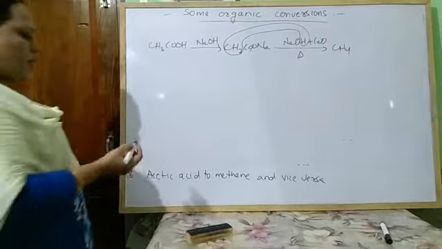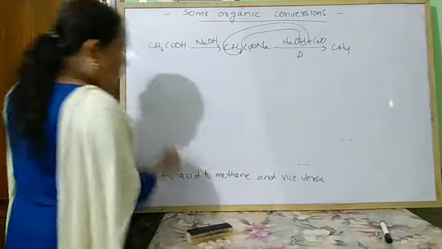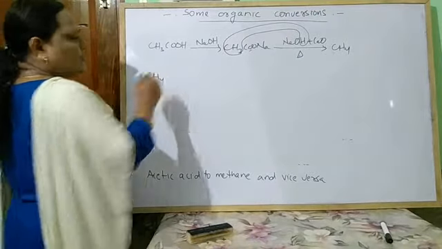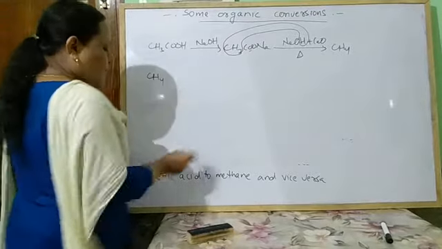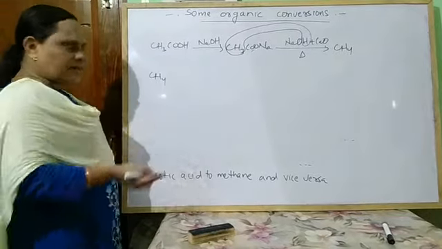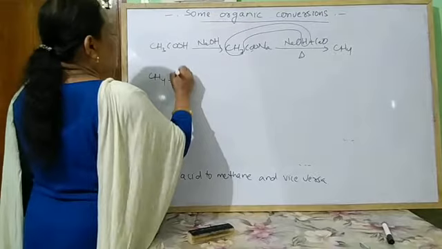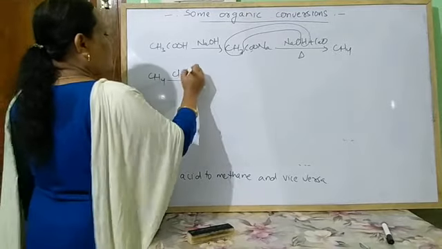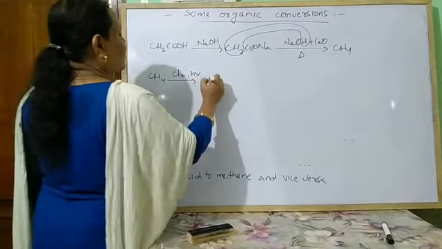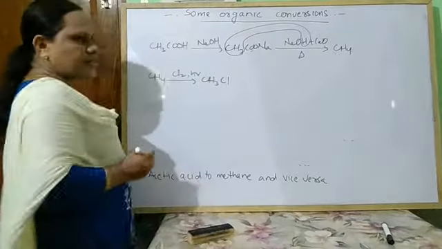Next, how we can convert methane to acetic acid. Methane, CH4. Methane to acetic acid means the number of carbon atoms increases. So chlorine, H nu gives CH3Cl.